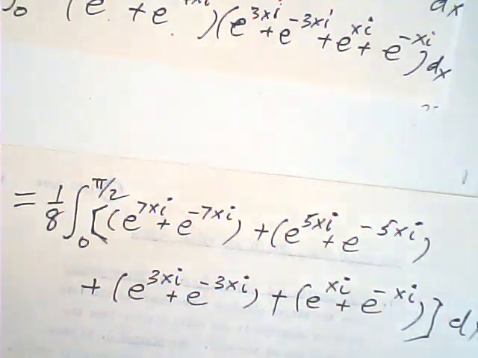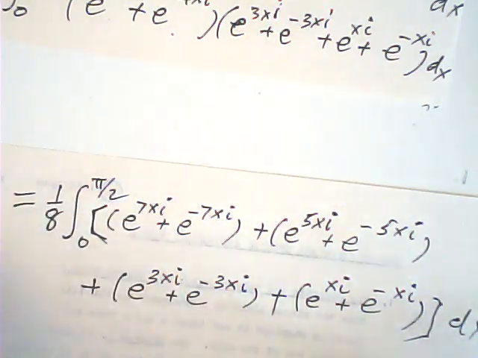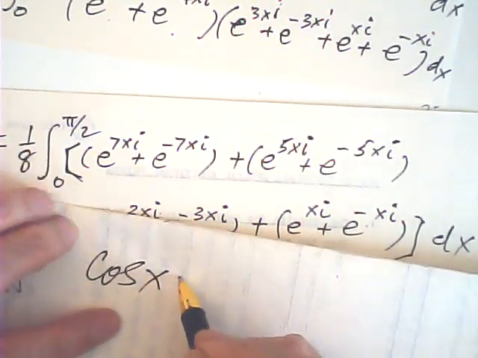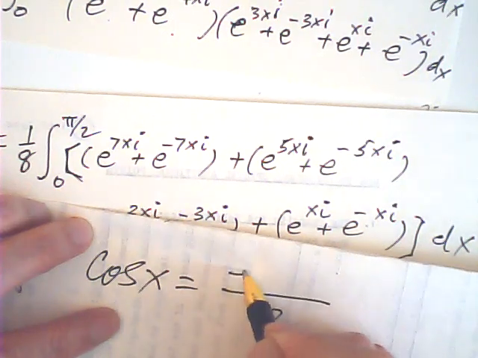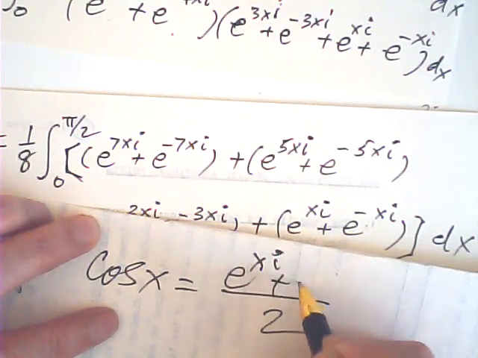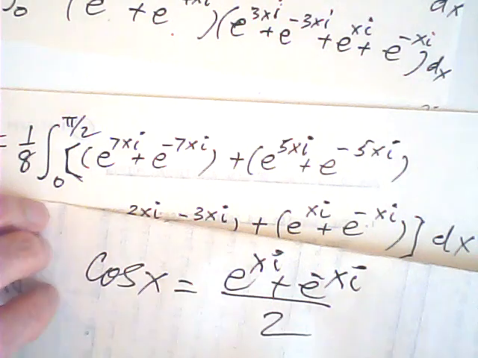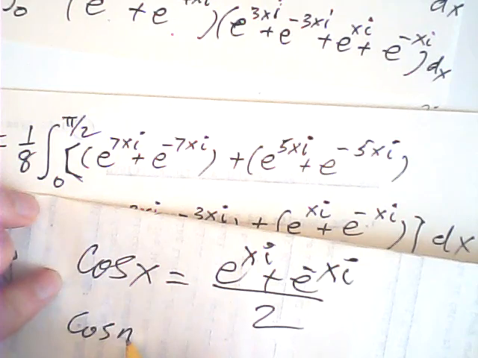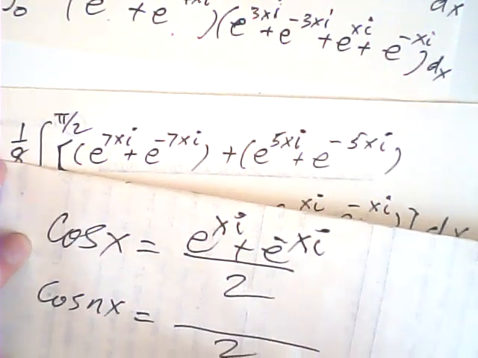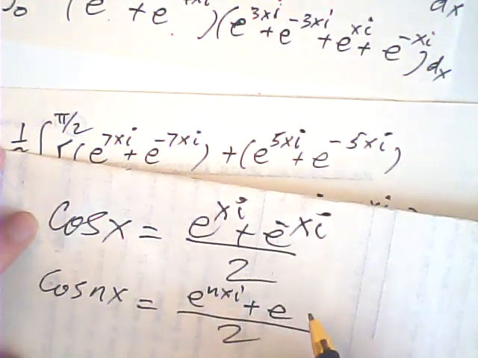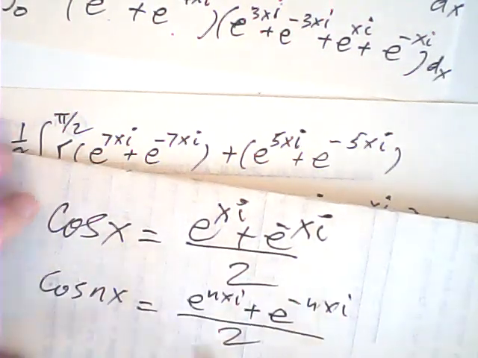And then we have a basic formula. Cosine x is equal to half of e to the xi plus e to the negative xi. So cosine nx is equal to half of e to the nxi plus e to the negative nxi, right?